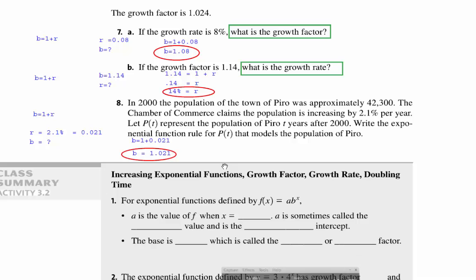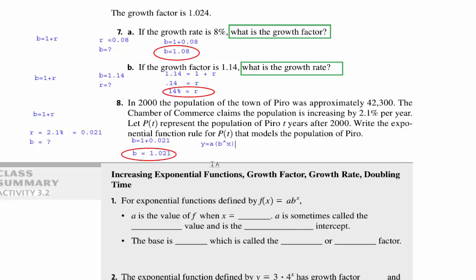That's my growth factor. Now we know an exponential model is y equals A B raised to the x. In this case, remember, A represents your initial value, and B is your growth factor. So what's our initial population? Looks like the initial population is 42,300.